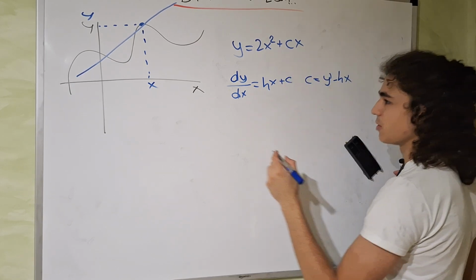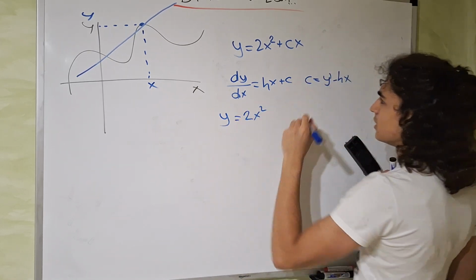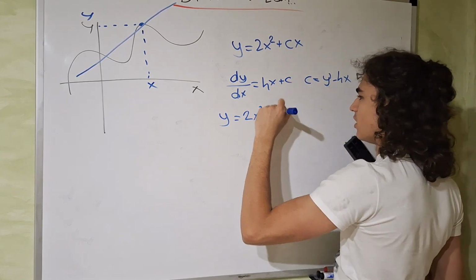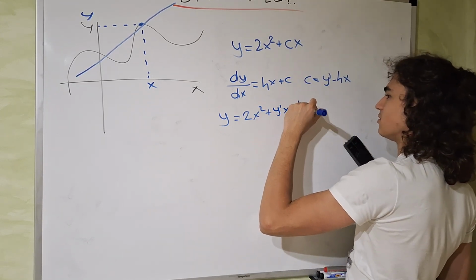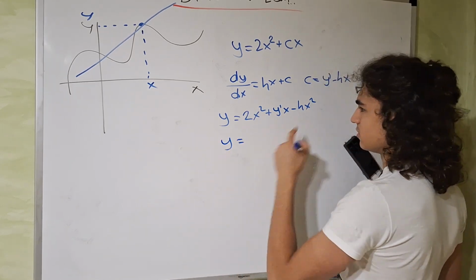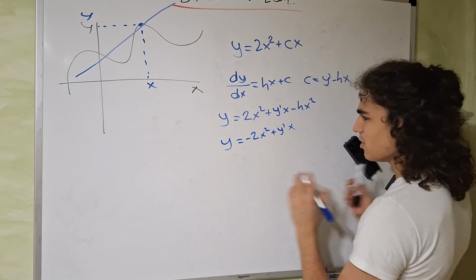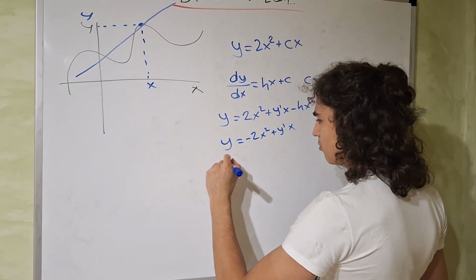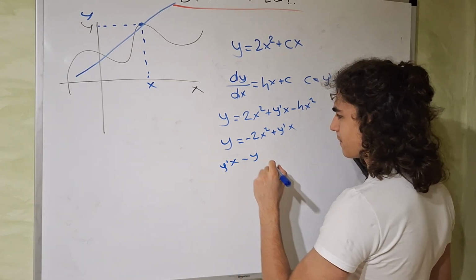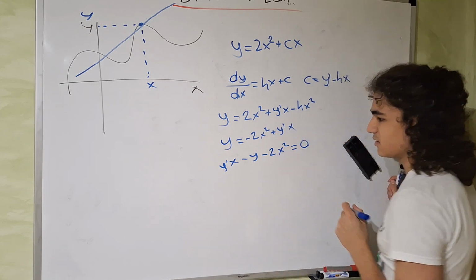We can replace c in this equation, so we have y equals 2x squared plus c times x, so y prime x minus 4x squared. We can sum these 2 terms, so y equals minus 2x squared plus y prime x, and we can rearrange the terms, so y prime x minus y minus 2x squared equals 0.